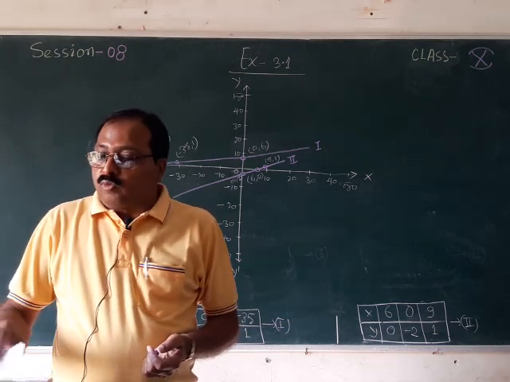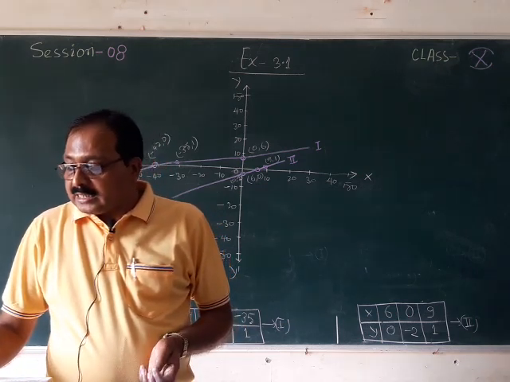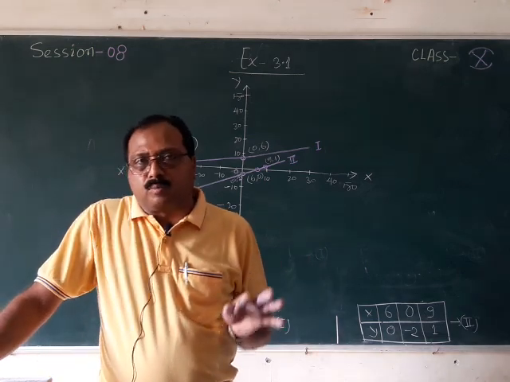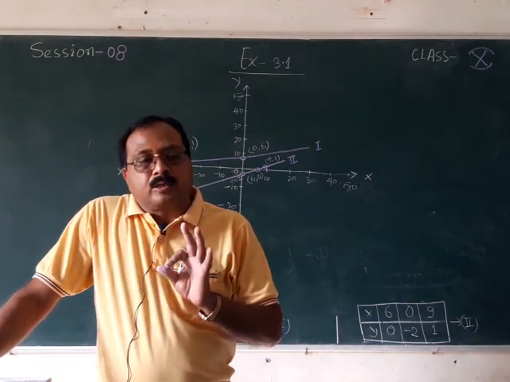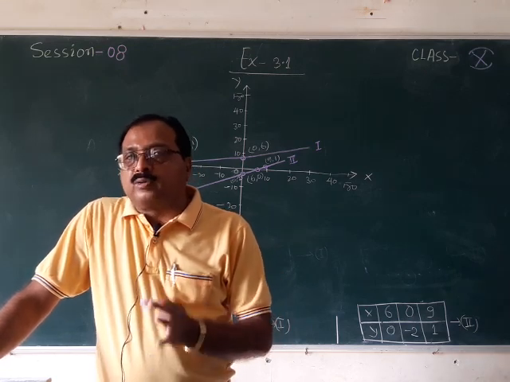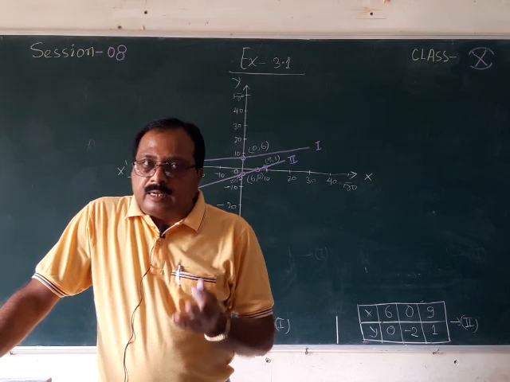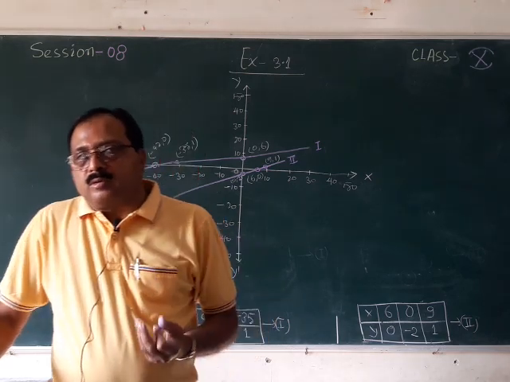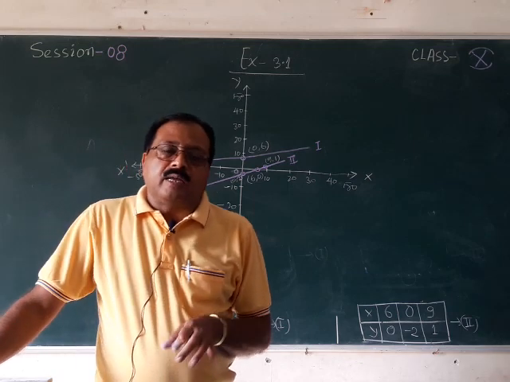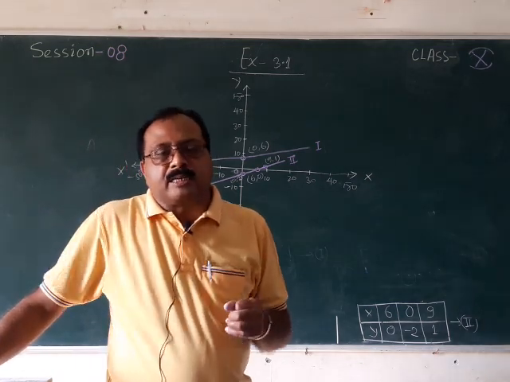Obviously I will show you a few more questions of this exercise, but you have to try, because I cannot show you the graph here on the board. I can just show you how to draw the graph, and you are aware of the graphs of a linear equation, you have already drawn them in your junior classes. So I think there is no problem, but here you may face a problem deciding the scales.